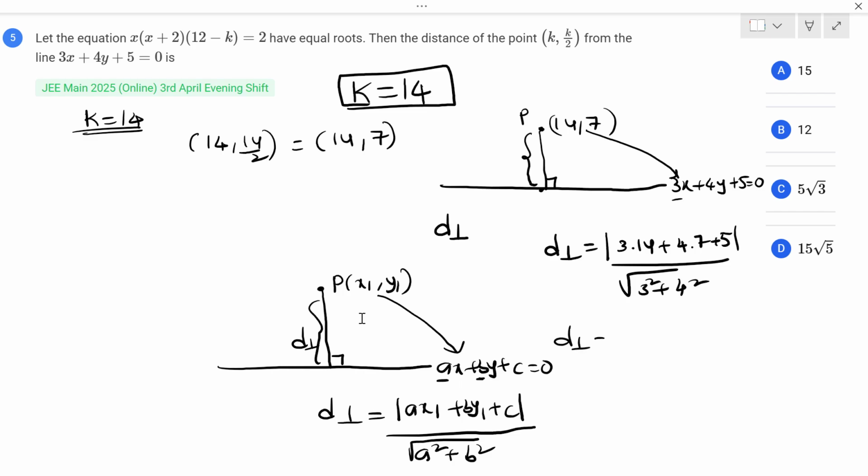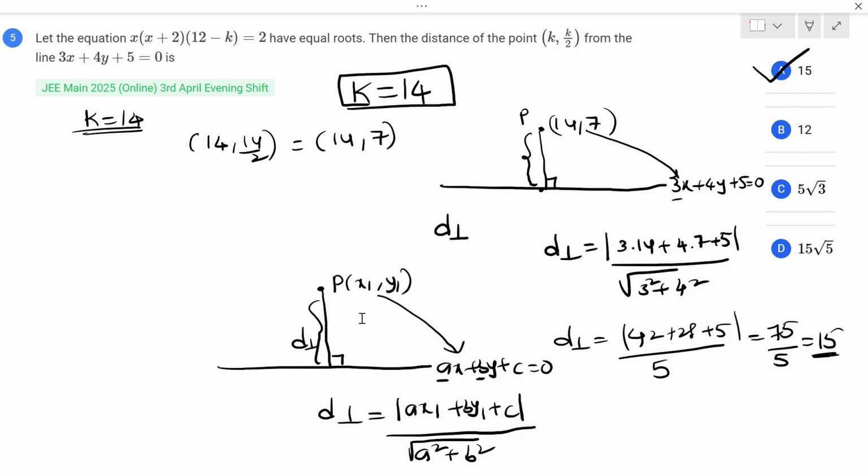So d perpendicular is 14 3s are 42 plus 28 plus 5, mod, divided by 3 square is 9 plus 16, root 25, that is 5, and the numerator is 75 by 5, which is 15. So the correct option is option A, which is 15.